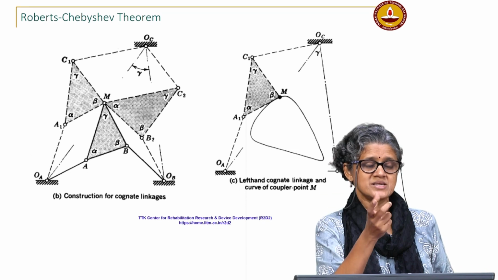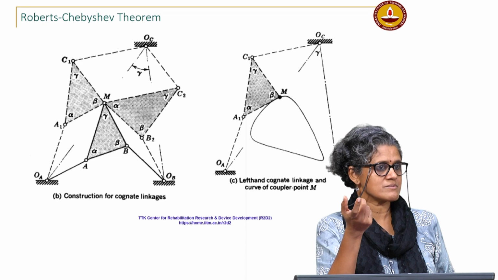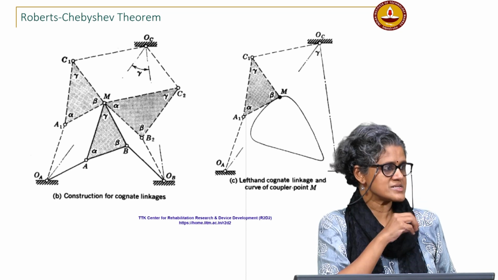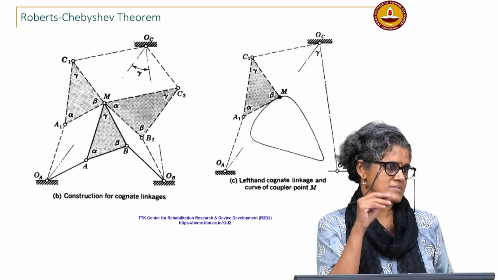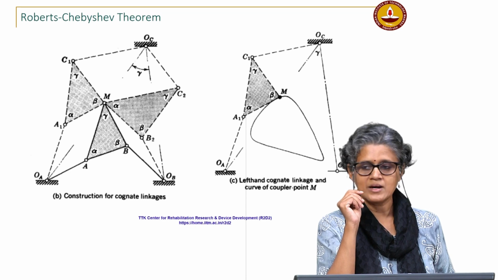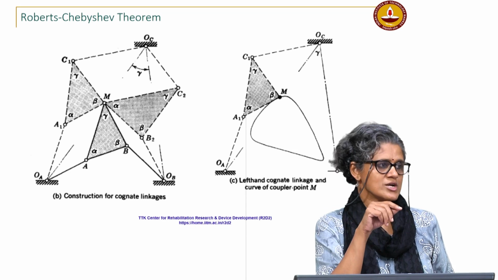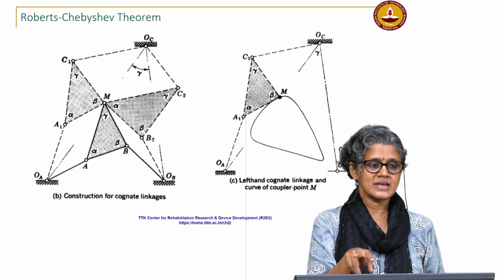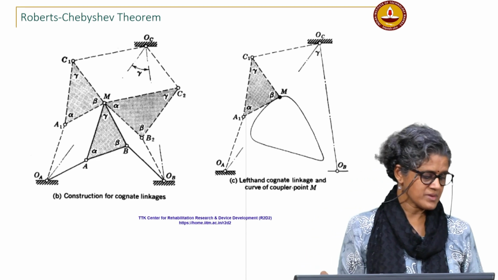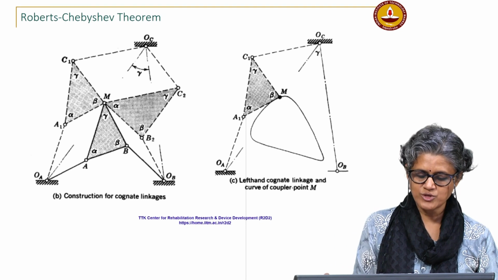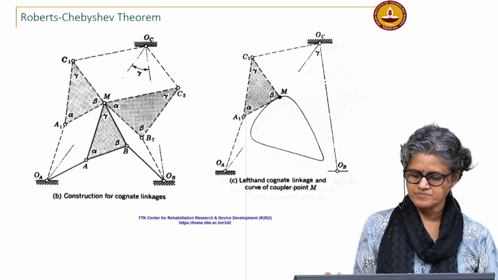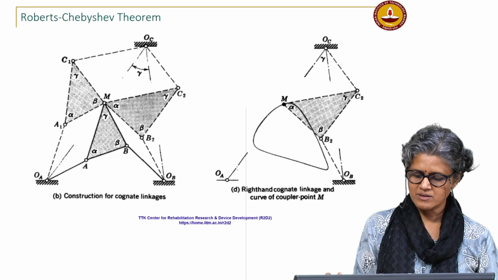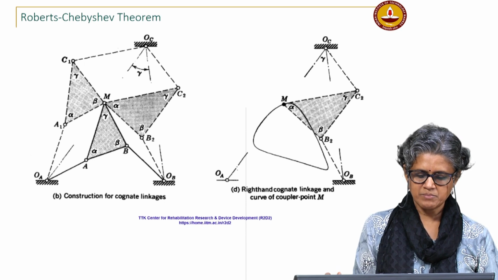Okay, because for path generation, remember, scaling is not an option. For function generation, I can scale the linkage, I can play with that. For path generation, it is not an option. With path generation, I can get 2 other options by constructing the cognates for the 4 bar. So, this is the right cognate, same coupler curve.